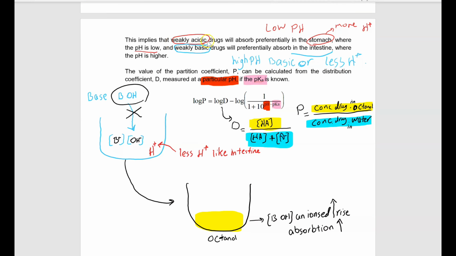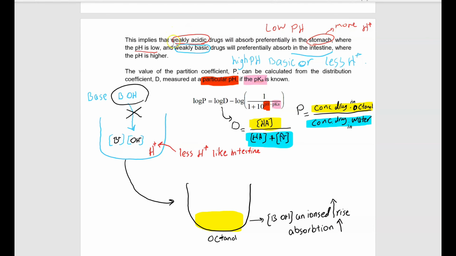Weak acids will be absorbed preferentially through the stomach. So acidic molecules love to be absorbed through the stomach. In our stomach we have low pH and more hydrogen ions, so this weak acid is not going to be dissociated in the stomach.